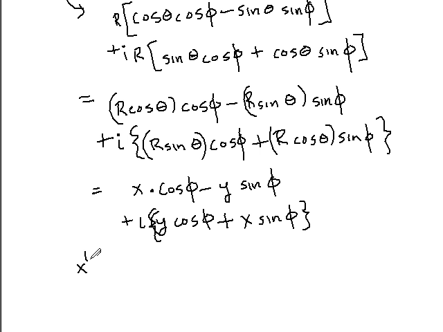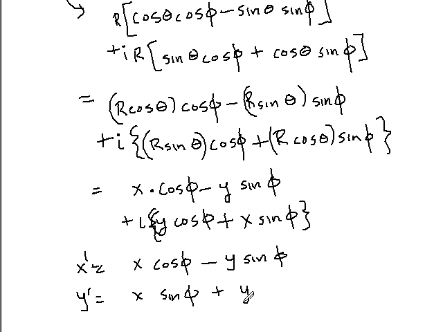So x prime is equal to x cosine phi minus y sine phi, and y prime is, well, let's write this as x first so I can write it as a matrix: x sine phi plus y cosine phi.